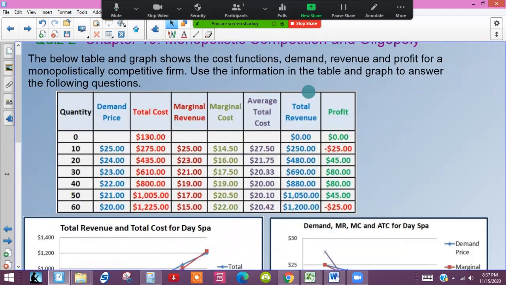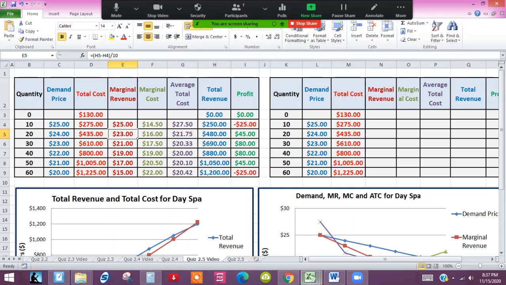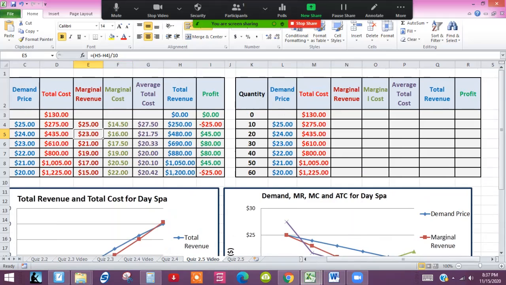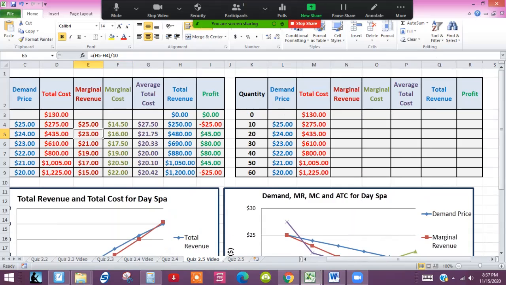On your quiz, you're going to get a table that looks like this right here. So you're going to want to compute marginal revenue, marginal cost, average total cost, total revenue, and the profit, and you're going to be given quantity, price, and total cost.